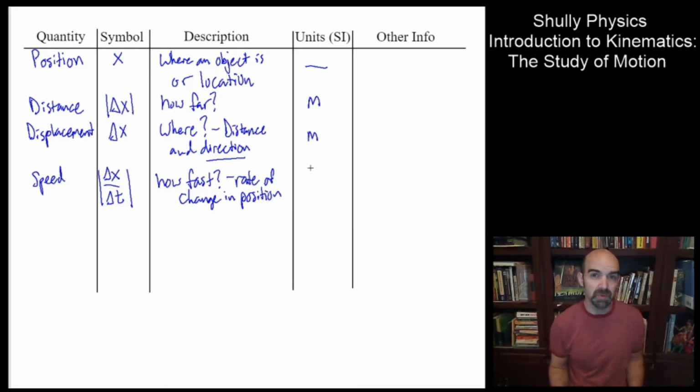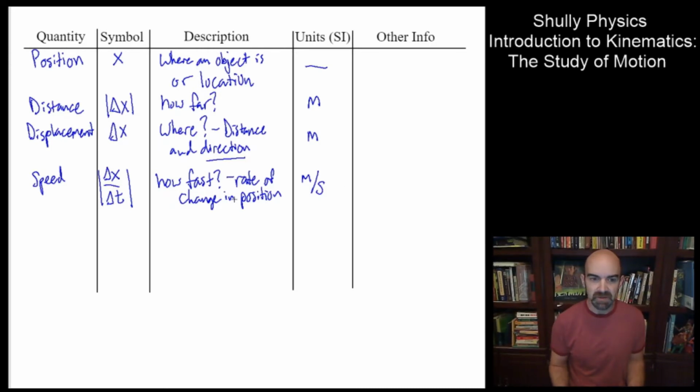Add a compass to it, maybe you can get something else. But it's a rate: how quickly does an object cover a distance in a certain amount of time? Distance divided by time. Miles per hour we're used to seeing here in North America. So that is measured in meters per second.